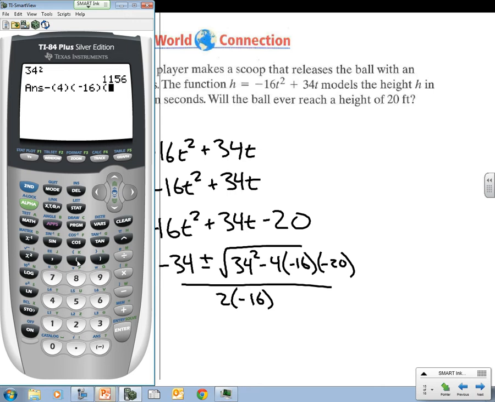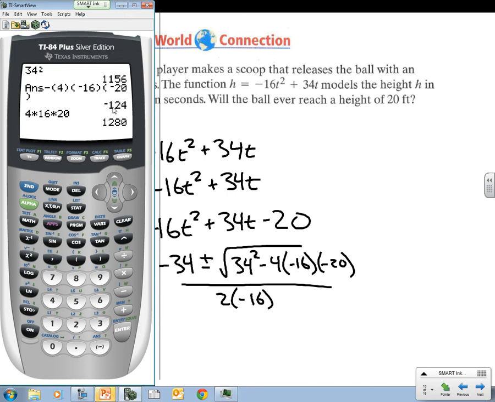We want to be really careful about keeping our parentheses around the negative so we don't lose anything. So we got negative 124 for that. Let me make sure that makes sense. 4 times 16 times 20 is 1280, and 34 squared is 1156. So we get negative 124.